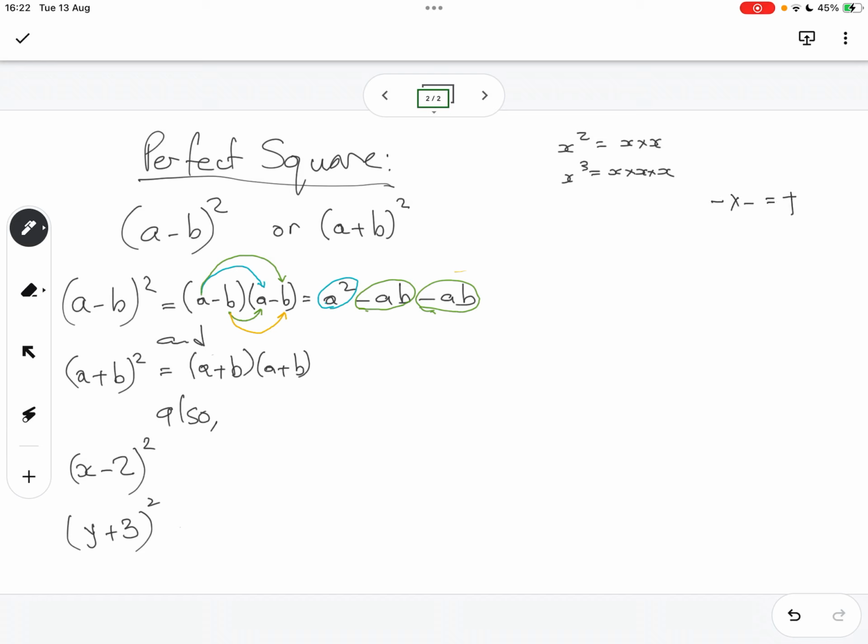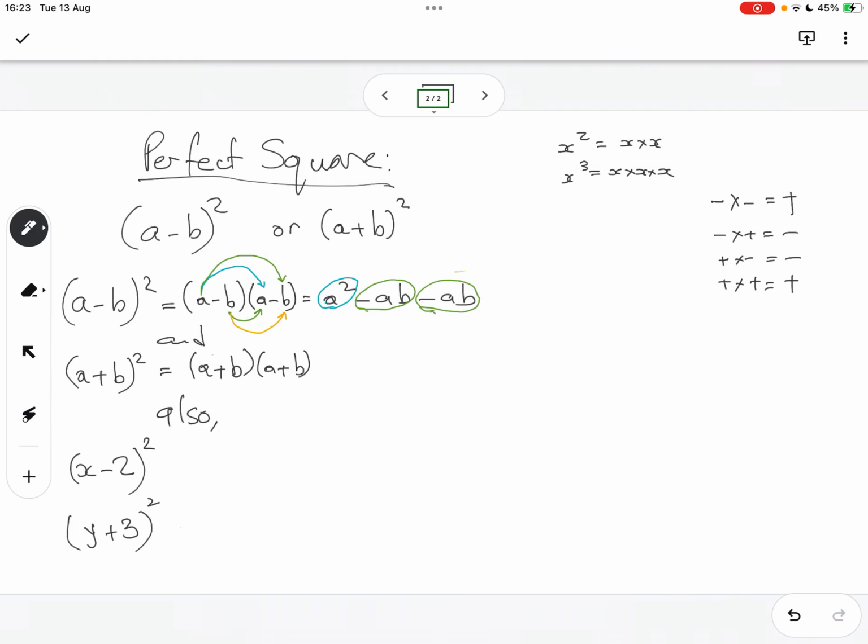That's because, firstly, negative times negative is positive, negative times positive is negative, and positive times negative is negative. So the negative sign changes the sign, while positive doesn't change the sign. And positive times positive gives you positive.